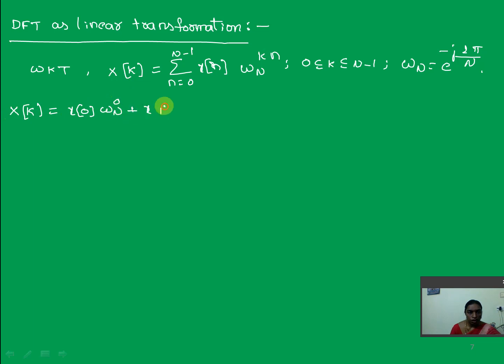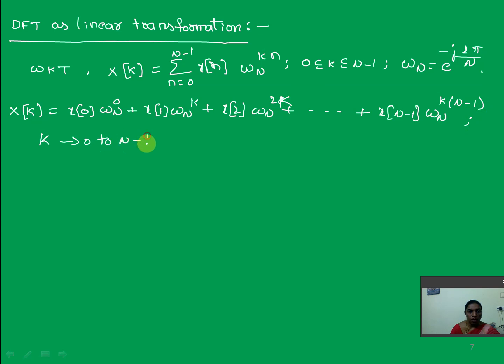Then you can get it like this: substitute different values in the place of n. Firstly 0, next n equals 1, next 2, and so on, up to x of N minus 1 W_N power k(N minus 1). So what is the k range here? 0 to N minus 1.